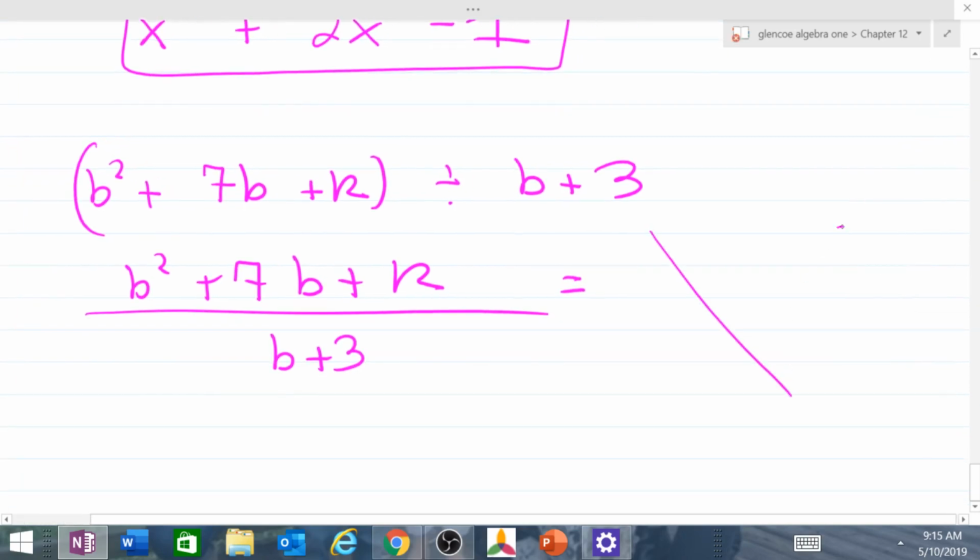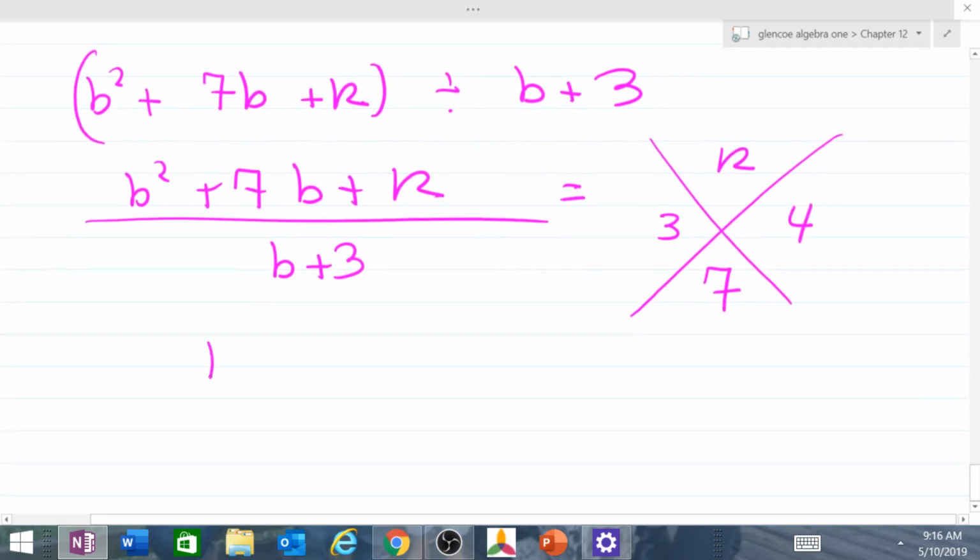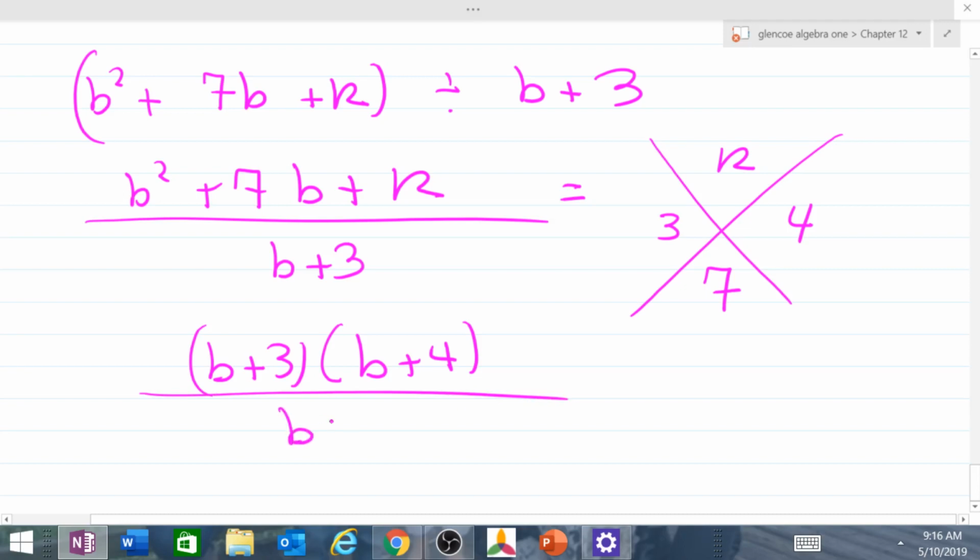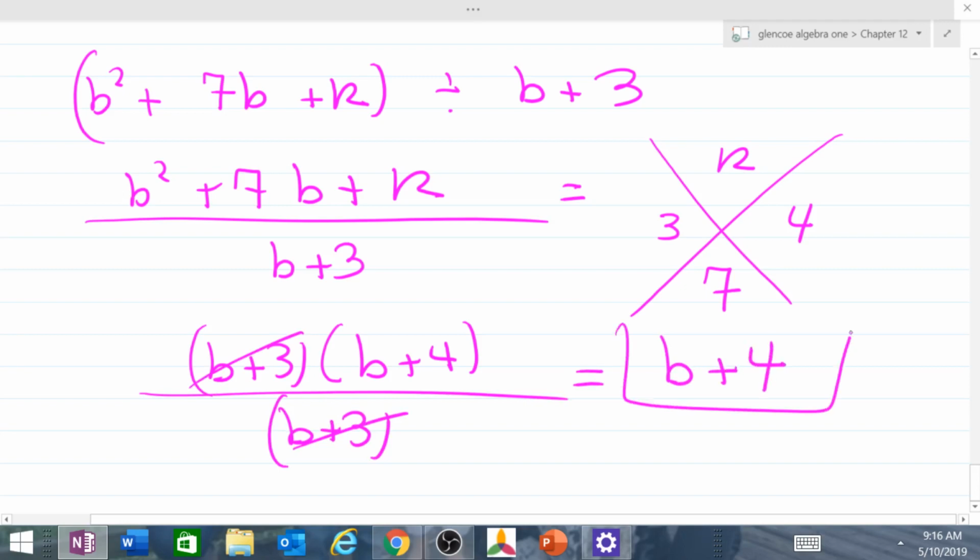To factor the numerator, it's a trinomial, we will x factor. What multiplies to 12 and adds to 7? 3 and 4. And we have b plus 3 times b plus 4 all over b plus 3. The b plus 3's cancel, and your answer is b plus 4.